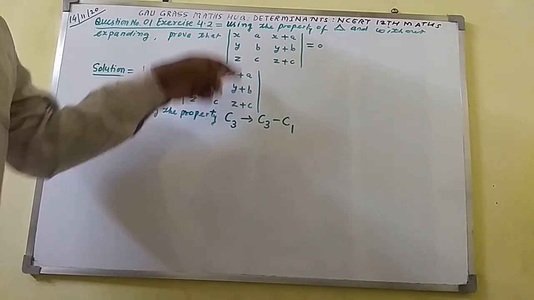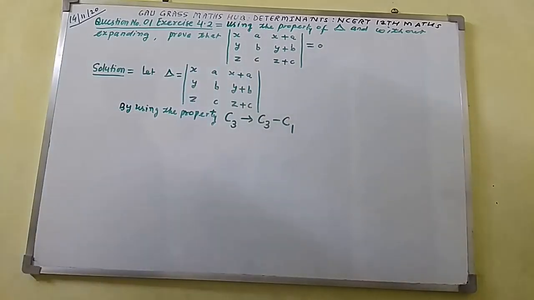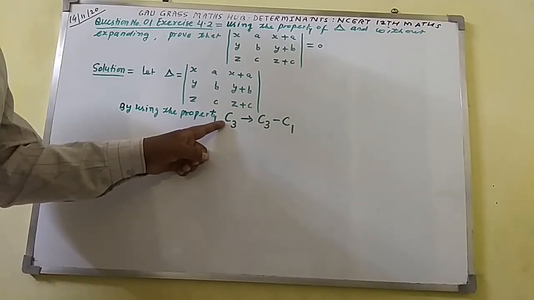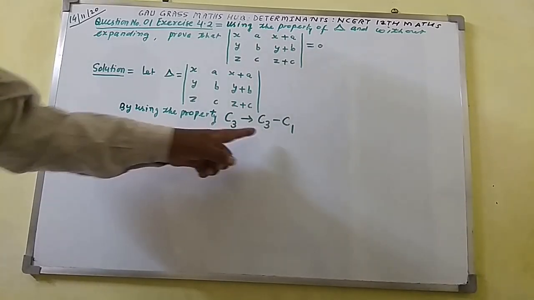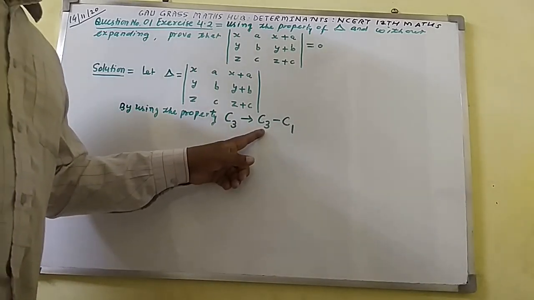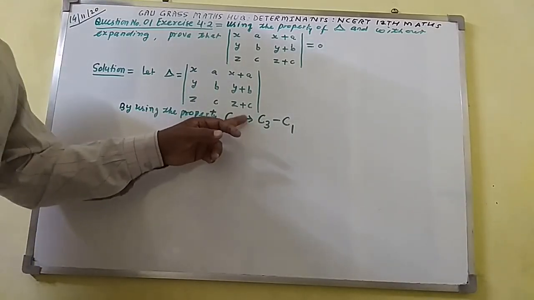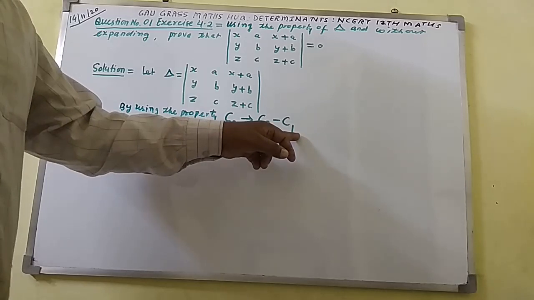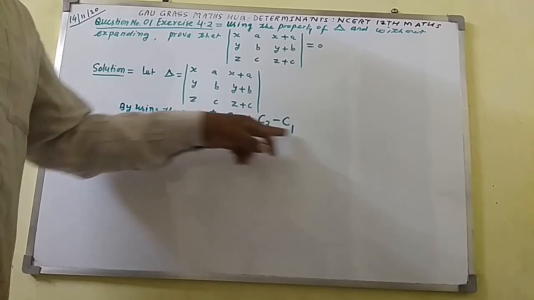Here I have written column number 3, so column 3 is fully reflected and stays the same. Then column number 1 is there, with a minus sign.